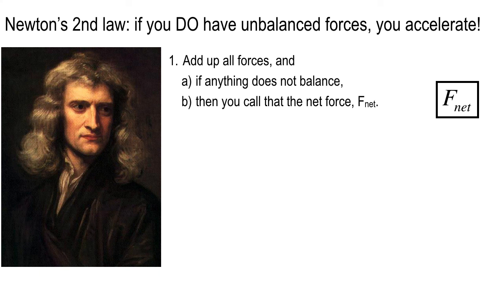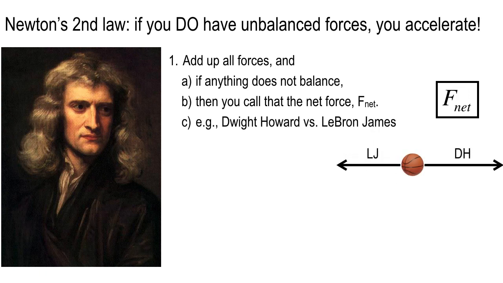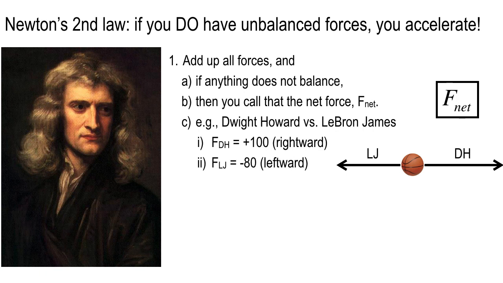So here's an example. Dwight Howard versus LeBron James. They're on the same team now, but let's say that Dwight Howard pulls with 100 units of force to the right, and LeBron James only has 80 units of force to the left. So his force is negative, and the negative sign here means leftward.